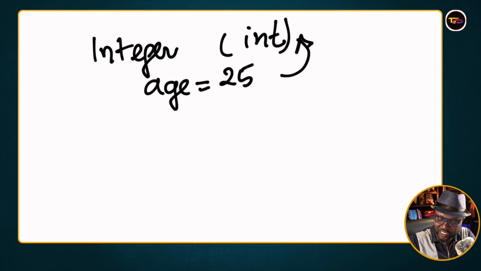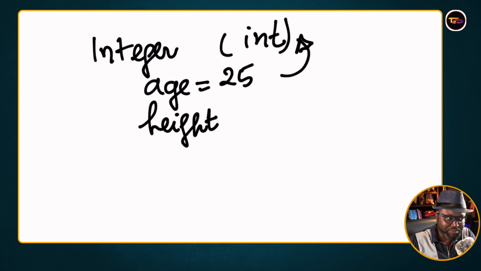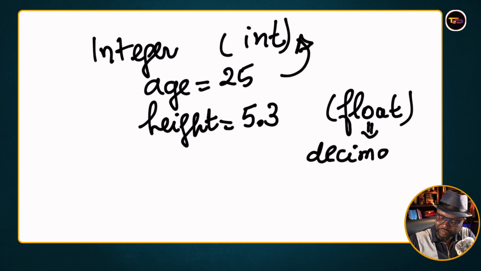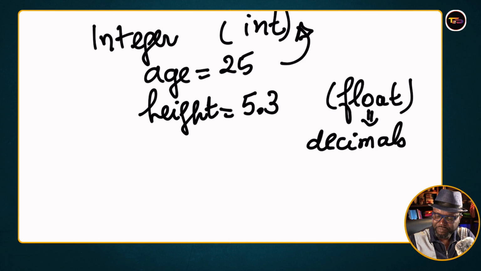This is an integer, okay? When you look at height, like what I did before, 5.3, this is what we call a float. A float, also meaning decimals. Those are fractions of numbers.